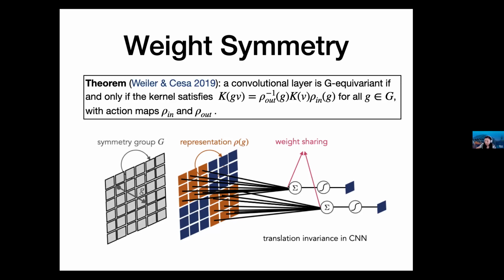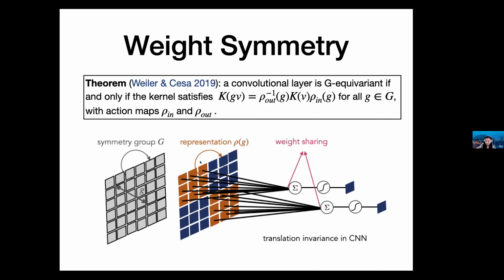So the weights, the black edges in this link, when we sum them up through a convolutional kernel, the weights in this orange block are exactly the same as the weights in the other orange block.